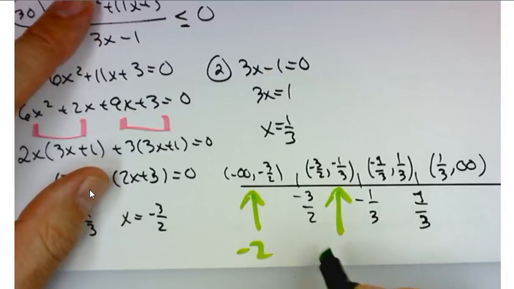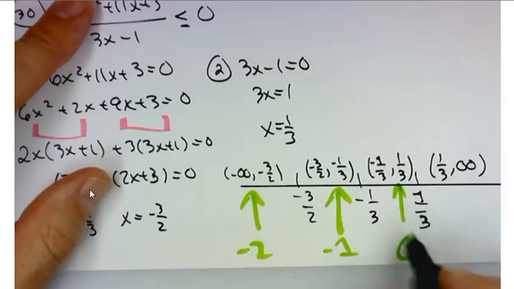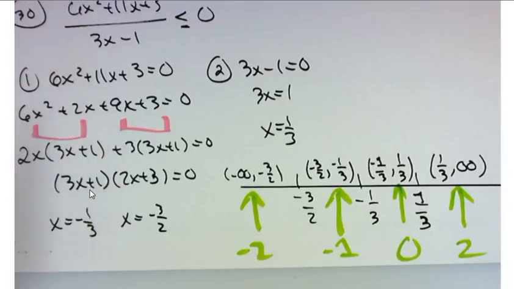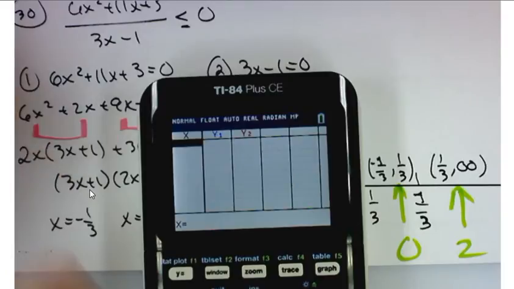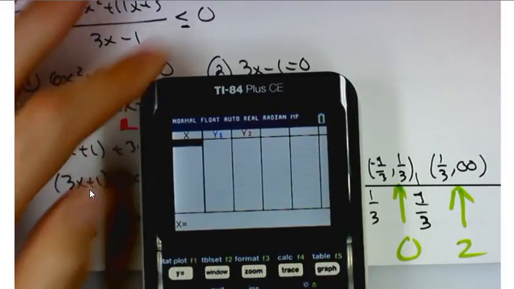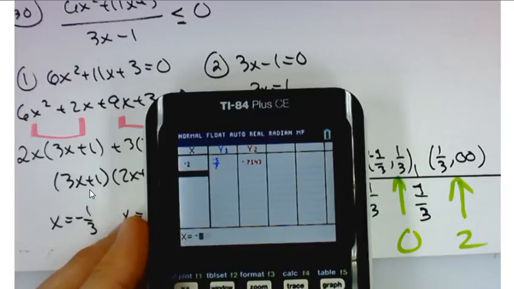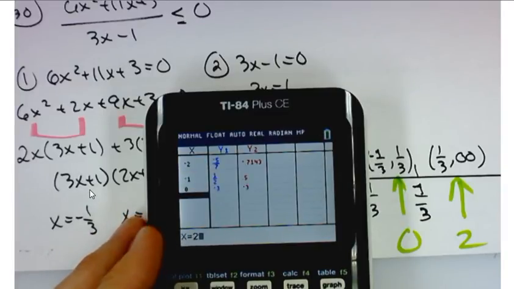Yeah, minus 1. Always go for the favorite, and you can do 1 or 2. I just chose 2 for variety. So, negative 2, negative 1, 0, and 2.